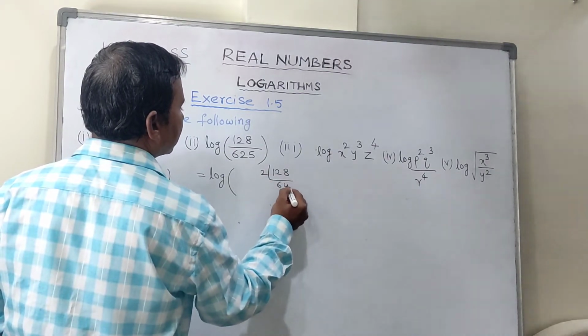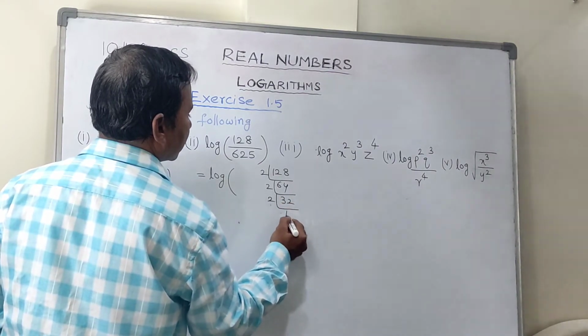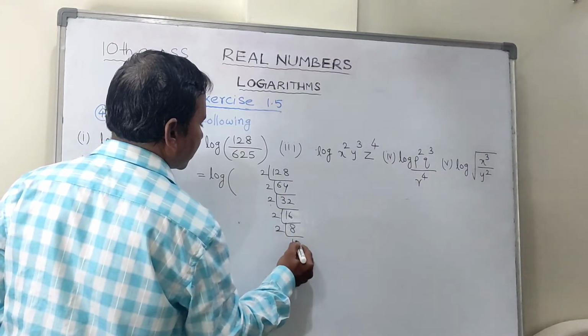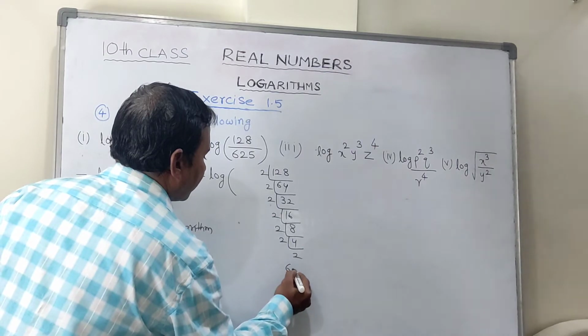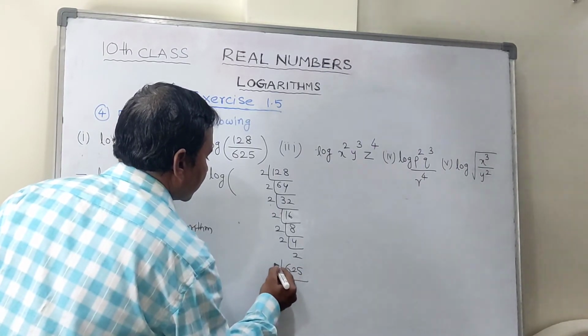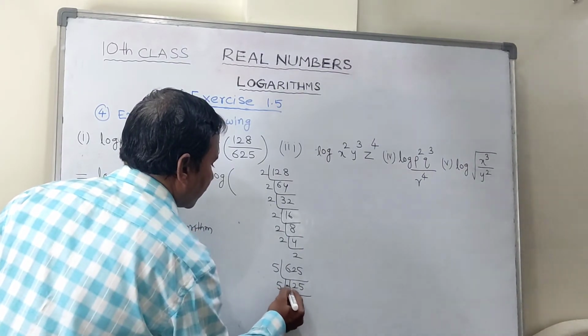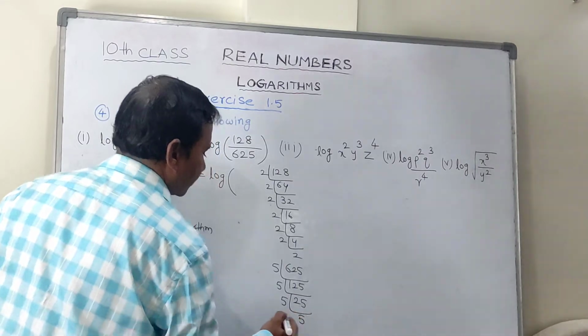2 64s, 2 32s, 2 16s, 2 8s, 2 4s, 2 2s. Whereas 625 becomes 5 125 times, 5 25 times, 5 5s are.